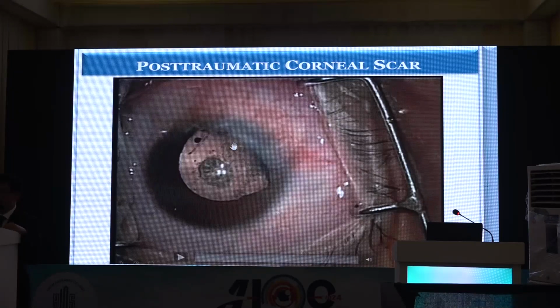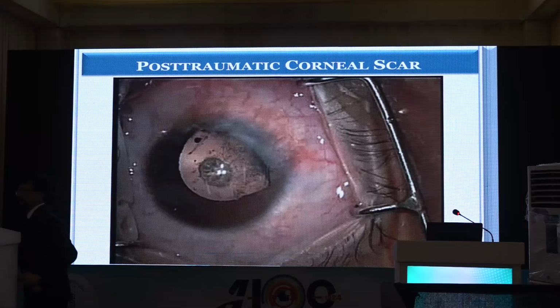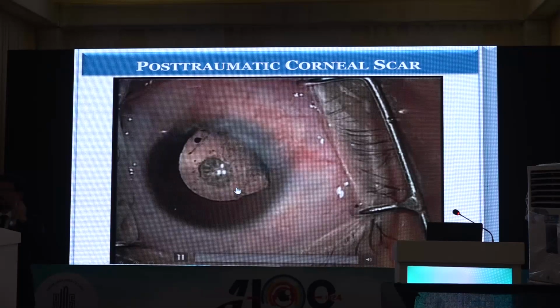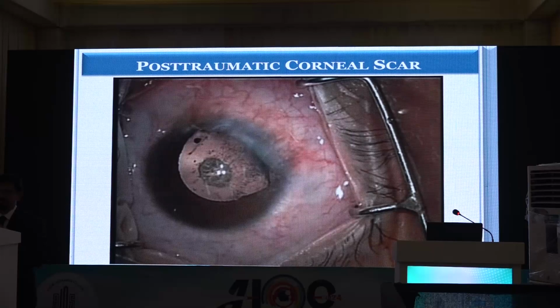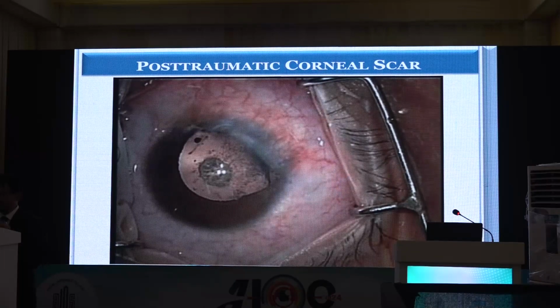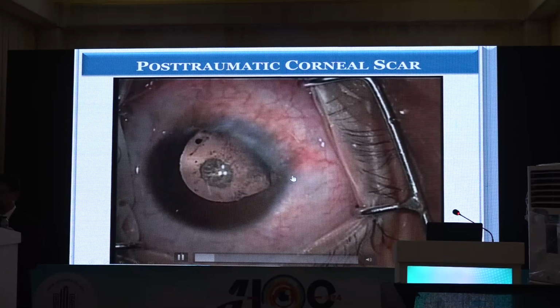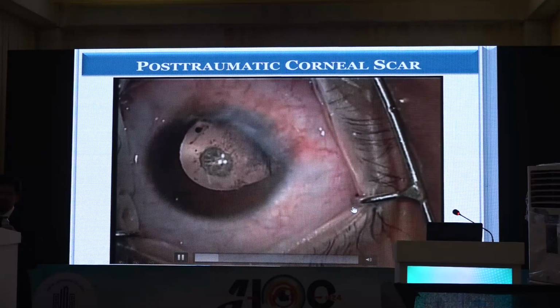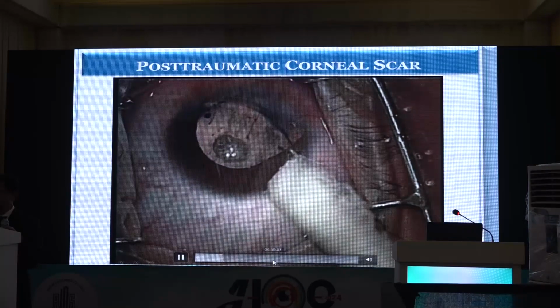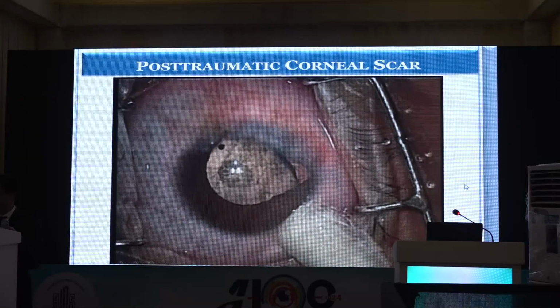Sometimes you have a scar in the peripheral cornea. If you have a scar in the central cornea, it is not advisable to put a toric IOL, because it will cause irregular astigmatism. But sometimes a scar in the peripheral cornea can have an astigmatism which can be measured in the two meridia, and there you can place the toric IOL.